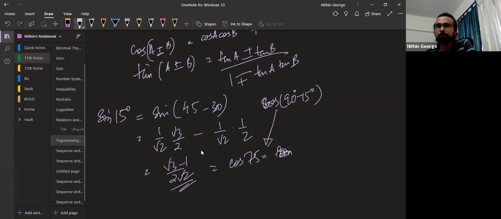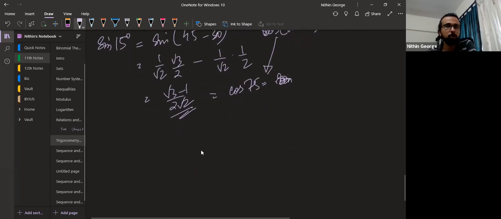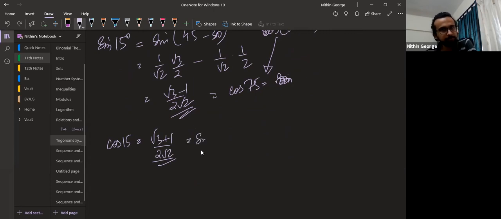So cos 75 is also equal to root 3 minus 1 by 2 root 2. Now can you find what cos 15 is? I've written it there.